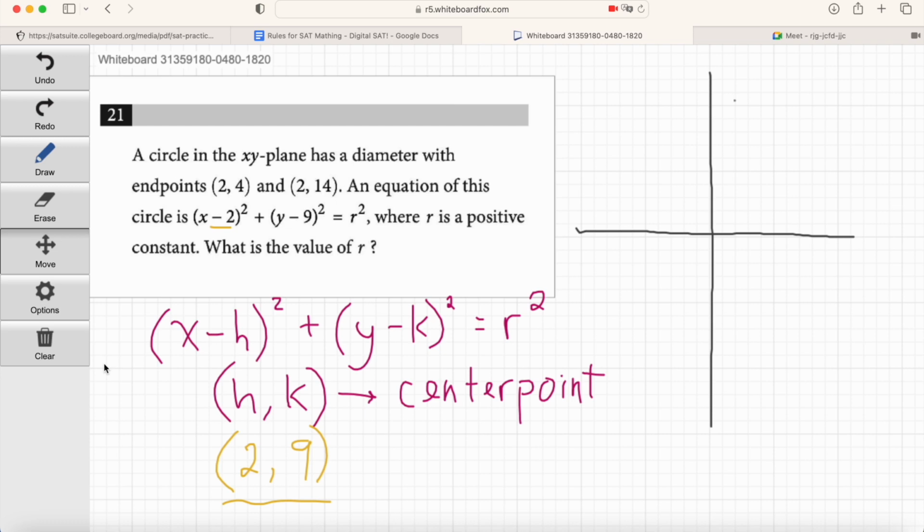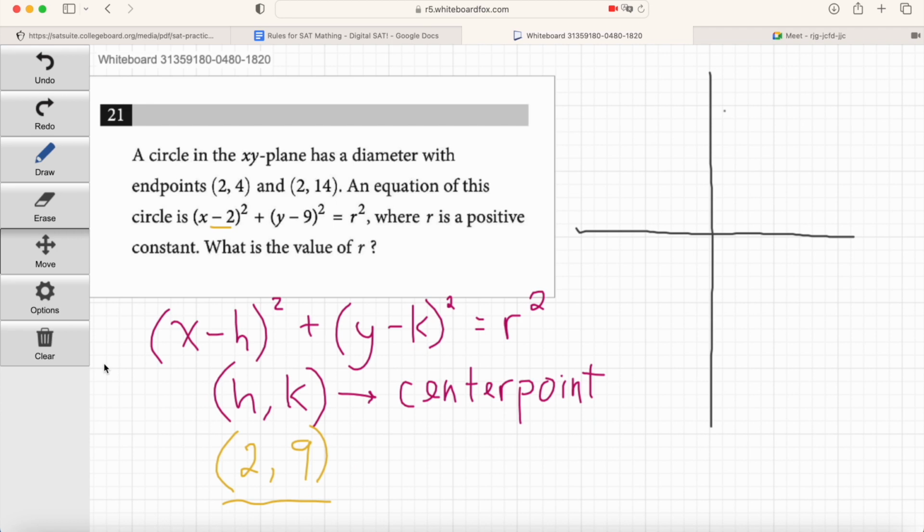It's going to be kind of up there. Close. You're real close. That'd be 2 comma 10-ish, I think. I'm just looking at those grid lines on the whiteboard. I'm going to help you out a little bit, Tanner.